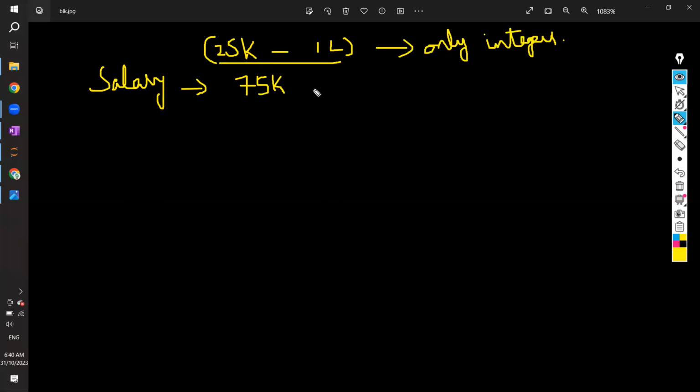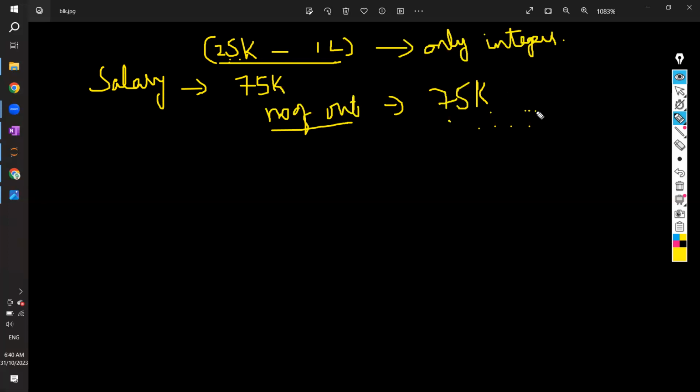The number of outcomes is 75,000. That means each and every value from 25,000 to 1 lakh is possible. So this is the number of outputs, and for each value, you have some probability.